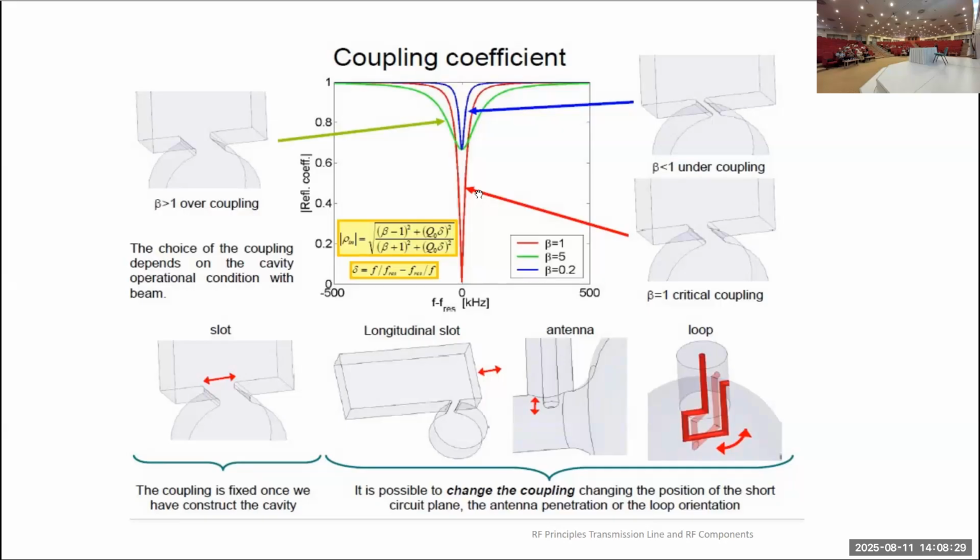But if we have a critical coupling and the beam loading effect increases the coupling as well, a slight change in the frequency can cause very significant changes in the power gained by the beam.